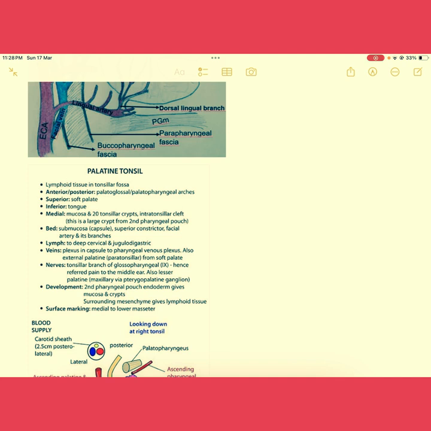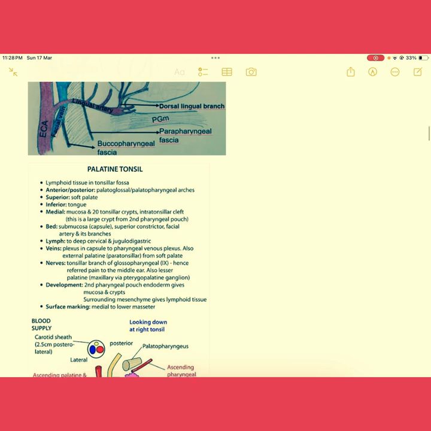Nerve supply is the tonsillar branch of the glossopharyngeal nerve, the ninth cranial nerve, hence the referred pain goes to the middle ear. Also the lesser palatine, a maxillary branch, via the pterygopalatine ganglion. Development is from the second pharyngeal pouch; endoderm gives mucosa and crypts, and surrounding mesenchyme gives lymphoid tissue.